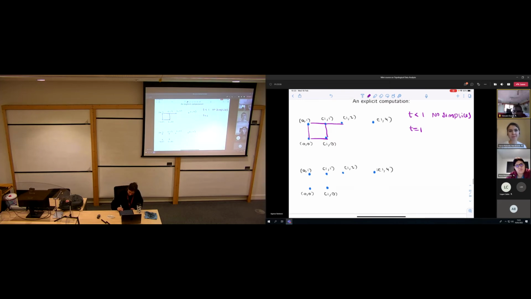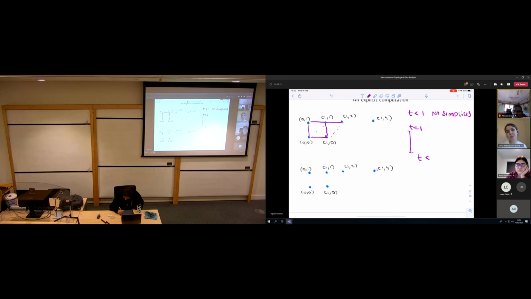Okay, now, the next closest distance would be between these 2 points, or these two, at time square root of 2. So between time equal 1 and time less than square root of 2, nothing happens. I'm left with this shape here. Finally, at time equals square root of 2, I have a bunch of things to add.